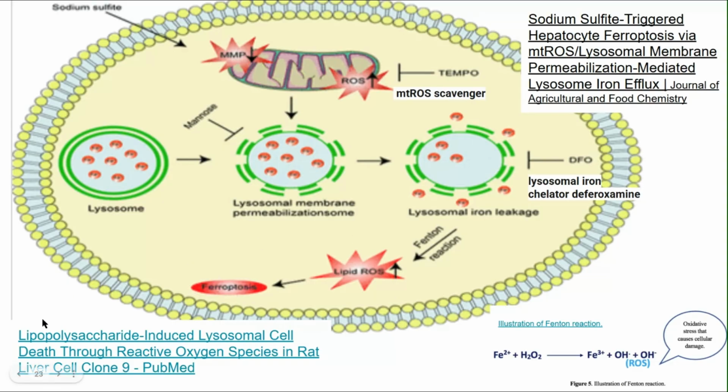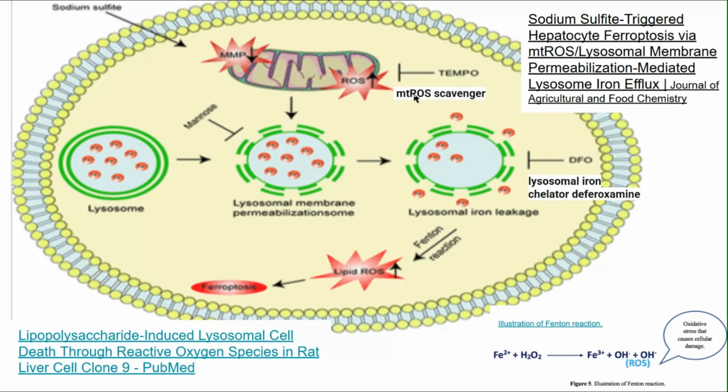And they found the same type of lysosomal cell death can happen when a cell is exposed to lipopolysaccharide. So when liver cells are exposed to lipopolysaccharide, they also go through this same problem with the lysosomes breaking open.